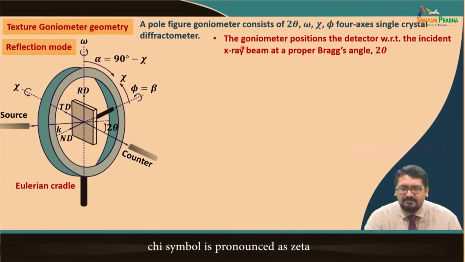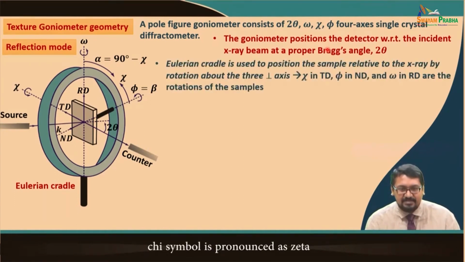The goniometer positions the detectors with respect to the incident beam at the proper Bragg angle 2 theta, as I said. The Eulerian cradle is used to position the samples relative to the X-rays by rotation about these 3 axes. So, zeta along TD, phi along ND and omega along RD.